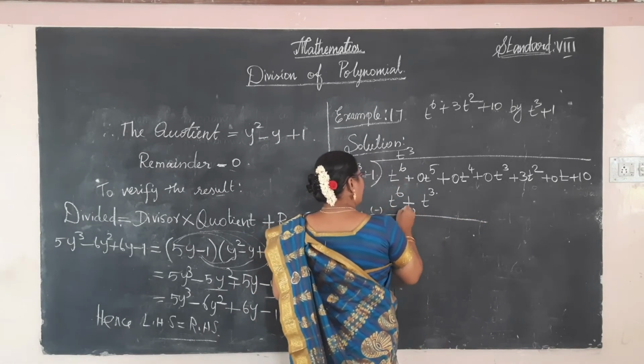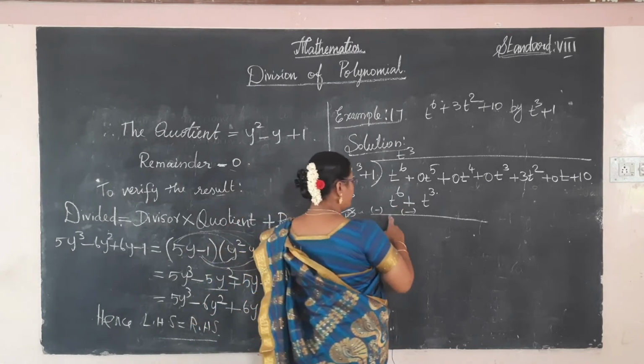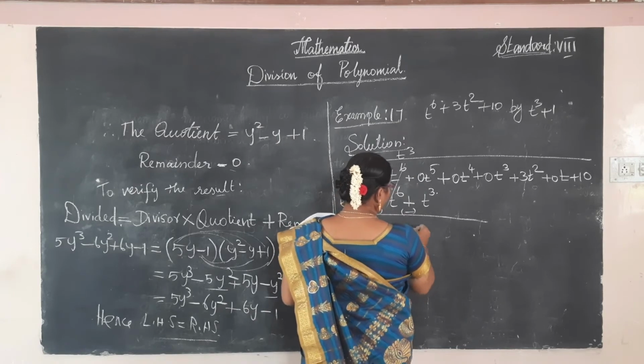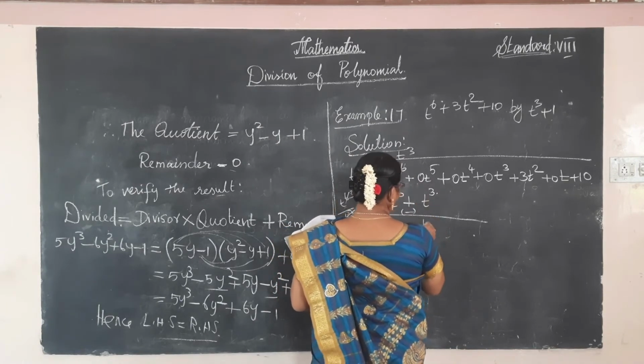So write the additive inverse. Both are positive, change to negative. So here plus, here minus, we get the minus.